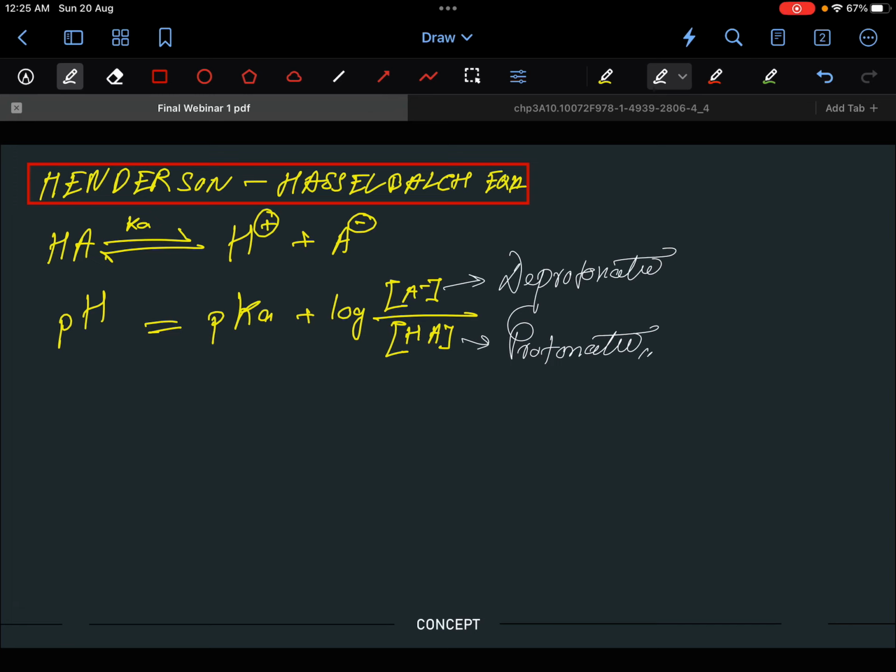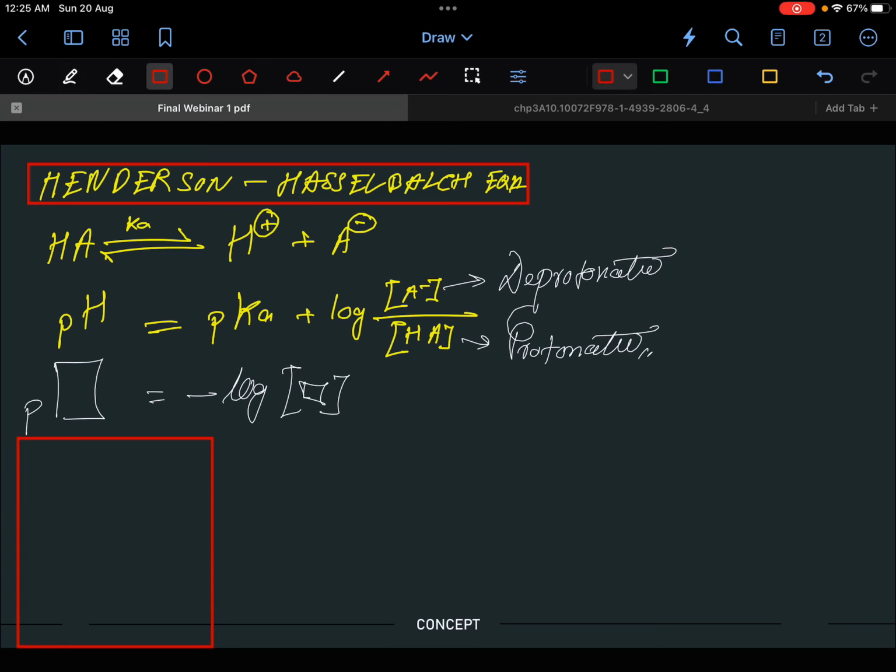So what are pH and pKa? P of anything is equal to minus log of the concentration of that thing. This is just giving you a concept.